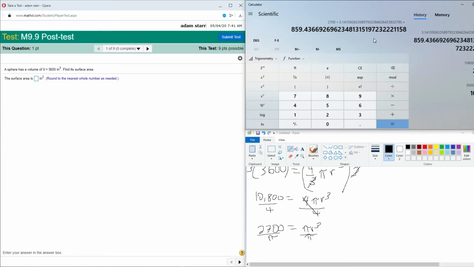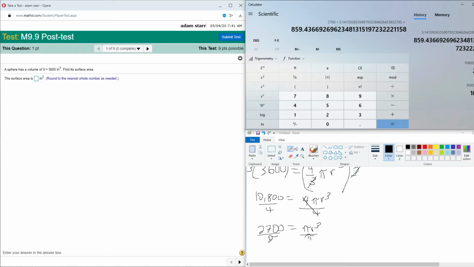Now we're going to get a long decimal here because we're dividing by pi. The directions do say to round to the nearest whole number as needed, but that's going to be at the very, very end. We don't need to write out this whole decimal, because that's ridiculous, but I would go 4 or 5 decimal places. We don't want to round here, so that's a key.